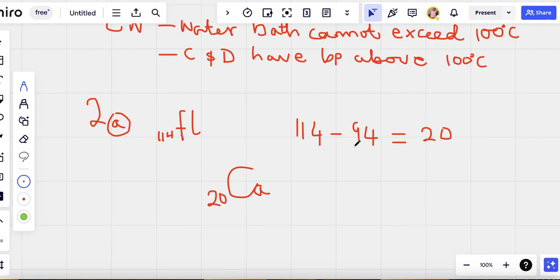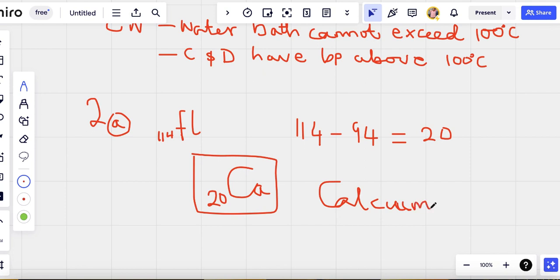So you just write calcium. This is the symbol, but you can also write the name. This is the element that was bombarded with plutonium in order to get flerovium.